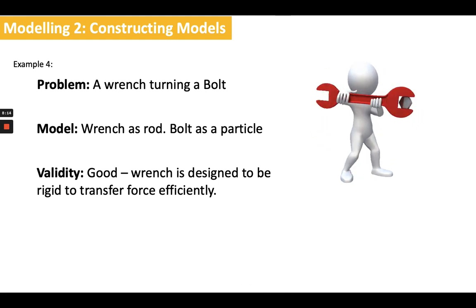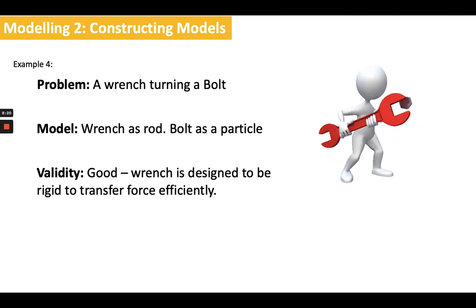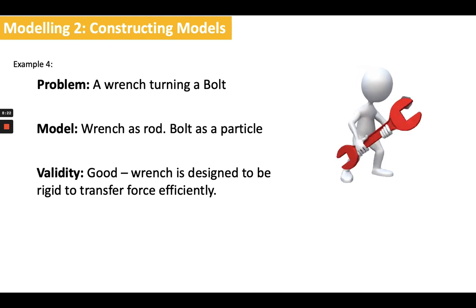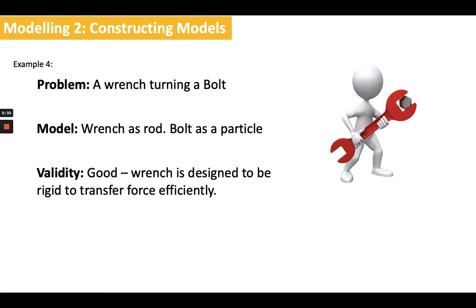When we talk about an inextensible string, we mean that the force is going to be the same along the length of it. When we talk about smoothness, we're talking about something where there is no friction. When we talk about a particle, we're primarily interested in the fact that there will be no air resistance accounted for in that model.